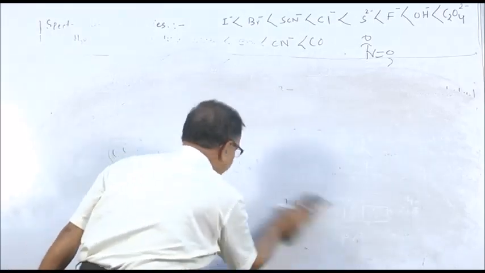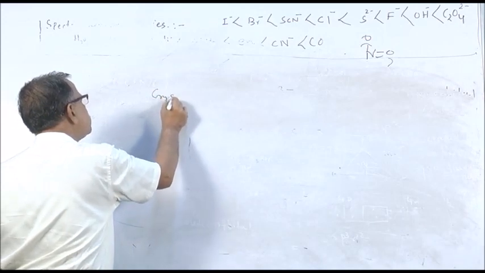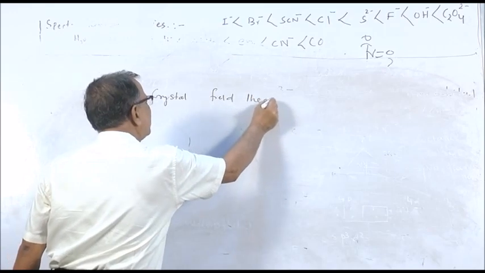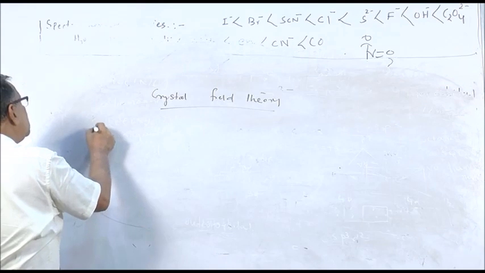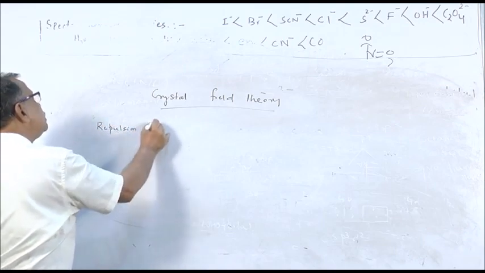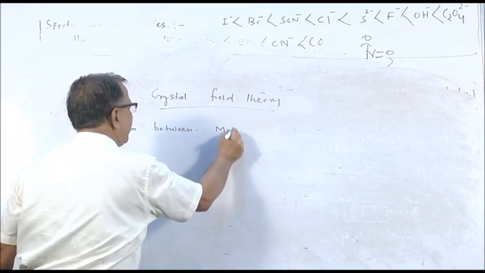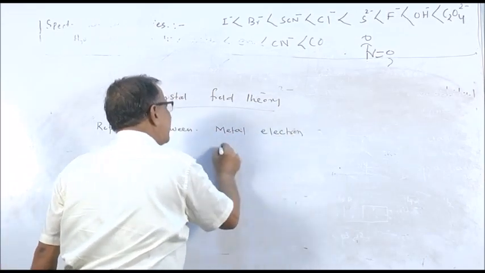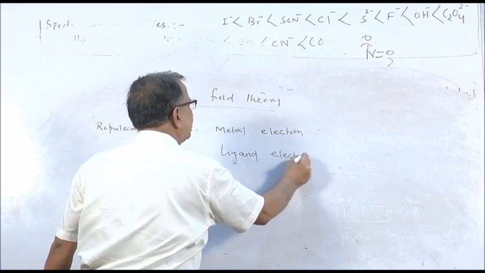In the crystal field theory, it is based on the repulsion between metal electrons and ligand electrons.